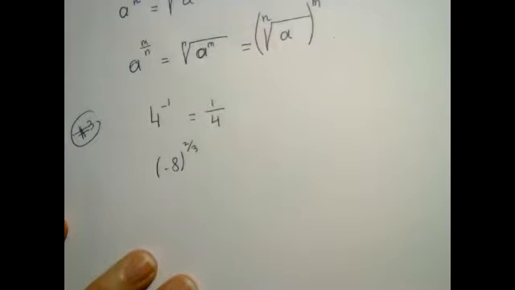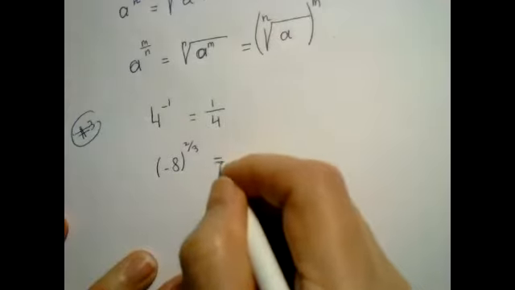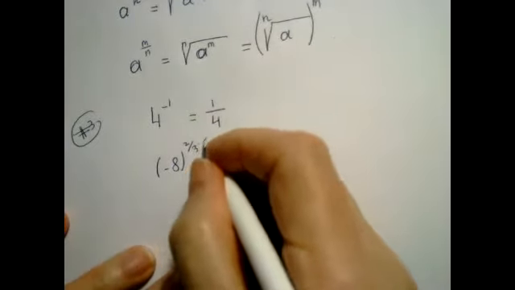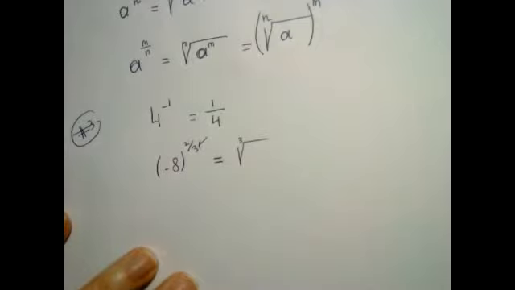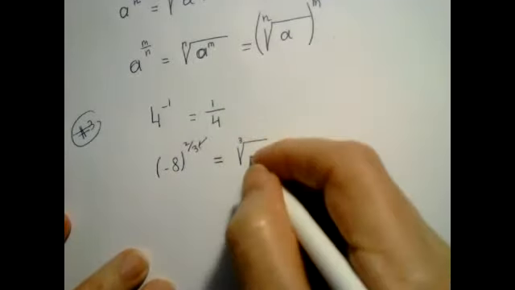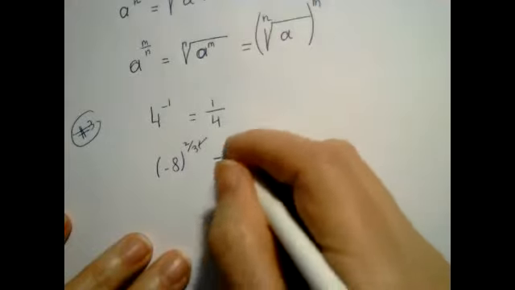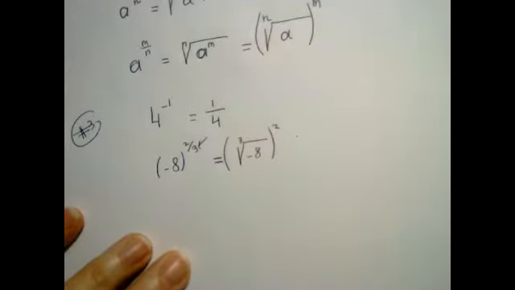So the denominator is the root, cubic root. This is minus 8, thanks Taylor, and the whole thing to the power 2. That's exactly what we mean by rewrite.